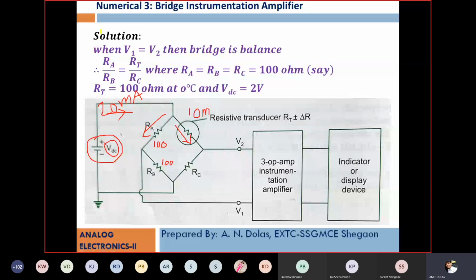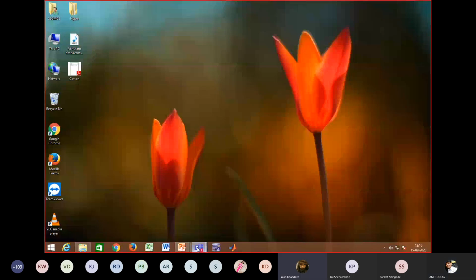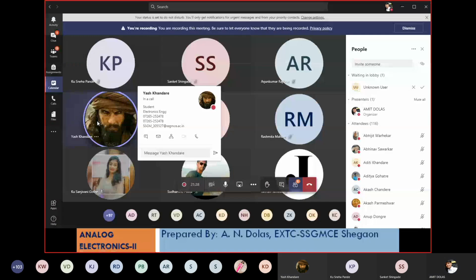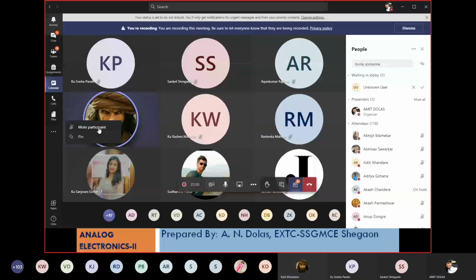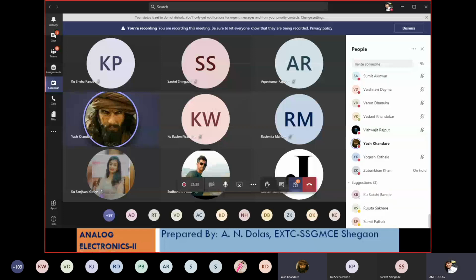Now, at balance condition, when V1 and V2 are equal, the bridge is said to be balanced. That is, RA by RB equal to RT by RC.